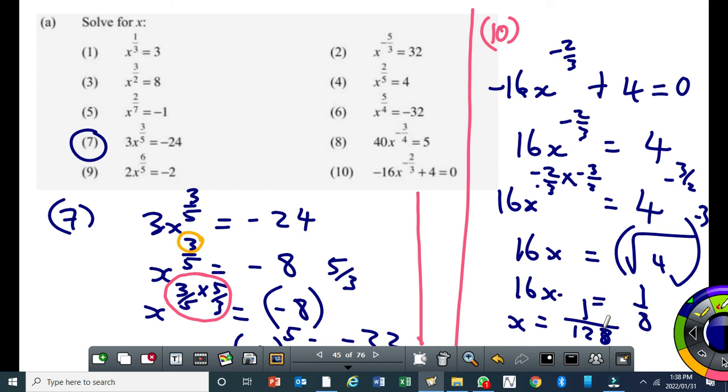I don't think I made any mistake. What is 2 to the power of negative 3? It's 1 over 8. That's what I think. You see, it says minus 16 plus 4.